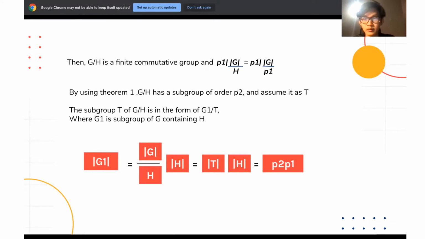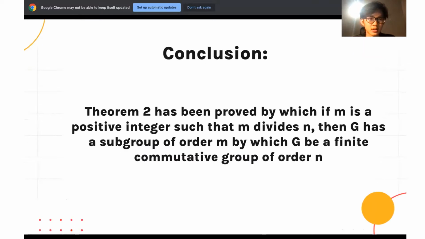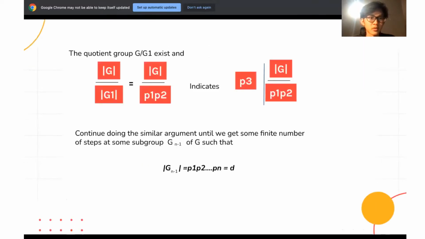So we will have P2 times P1. So the quotient group G over G1 exists, and G divided by G1 is equal to G over P1 times P2, which indicates that P3 is a divisor of G divided by P1 and P2. By continuing with a similar argument, we obtain the following equation below: Gn minus 1 is equal to P1 times P2 until Pn, which is equal to m.